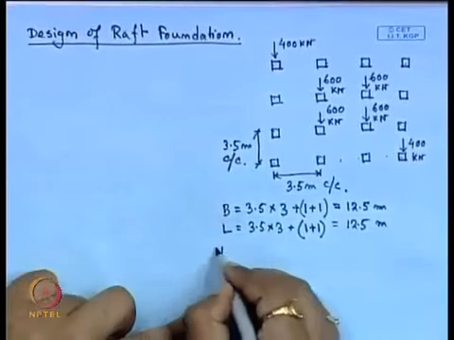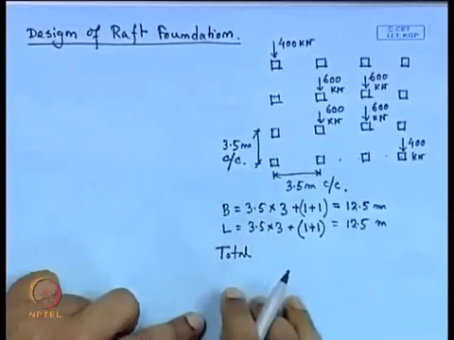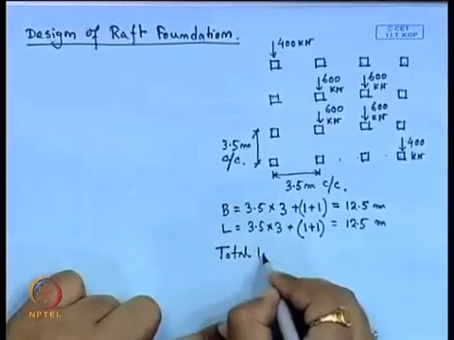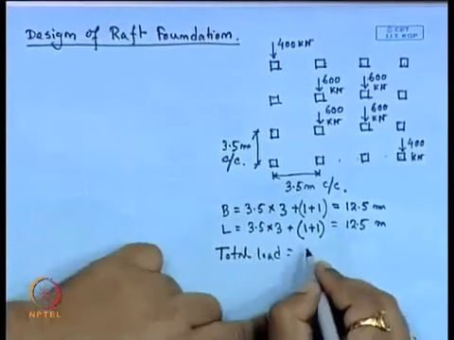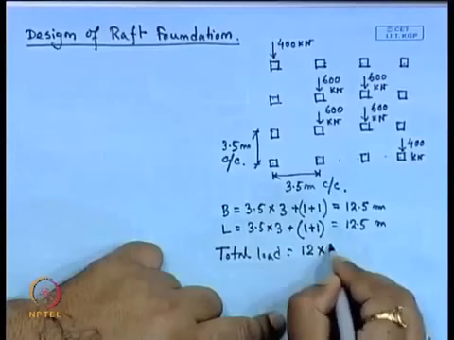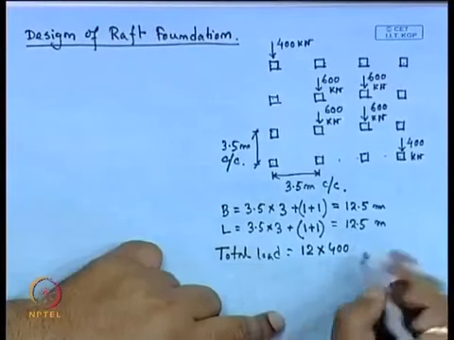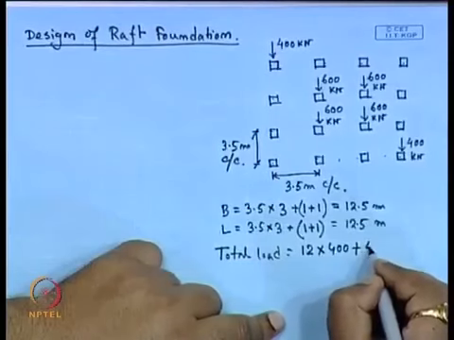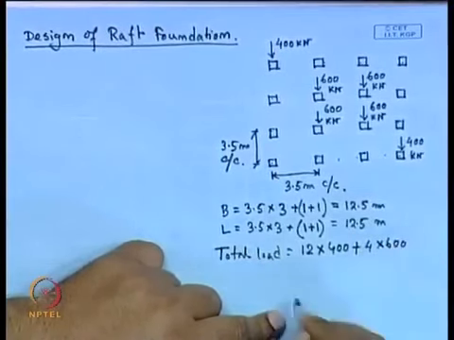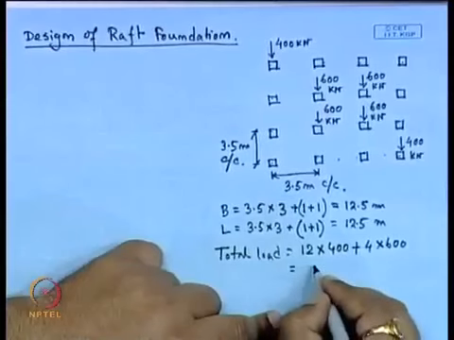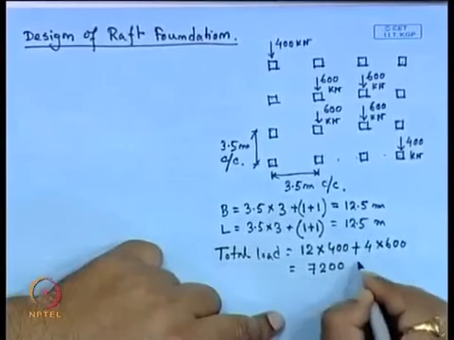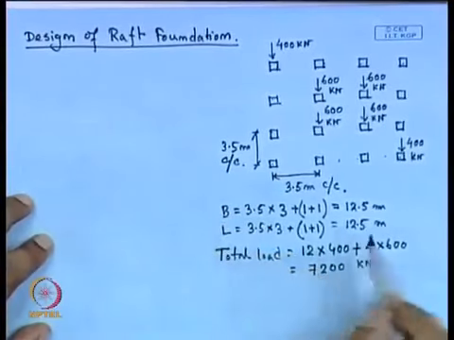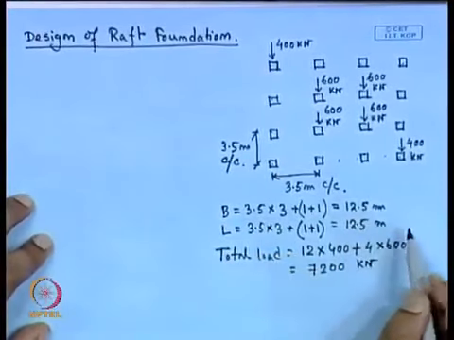Now, the total load acting on this raft foundation: 12 columns will be subjected to 400 kilonewton load, and the internal columns, these 4 columns, take 600 kilonewton each. So, the total load is 7200 kilonewton, and the dimension of this raft we are taking is 12.5 into 12.5 meter.